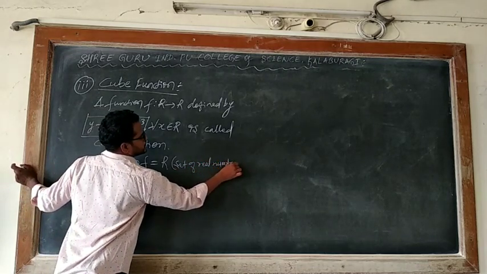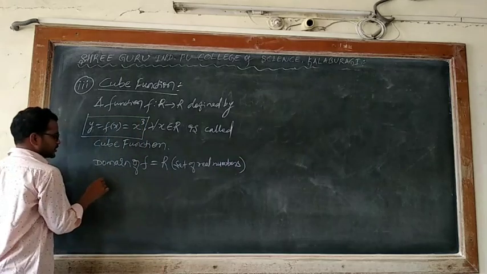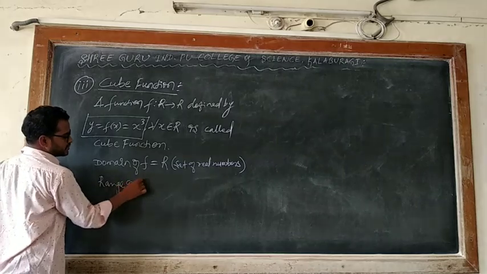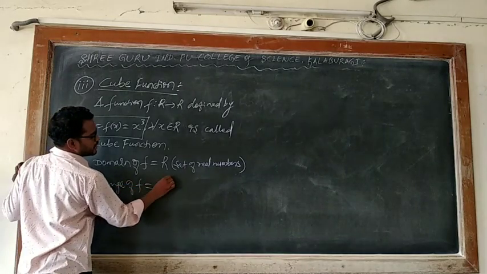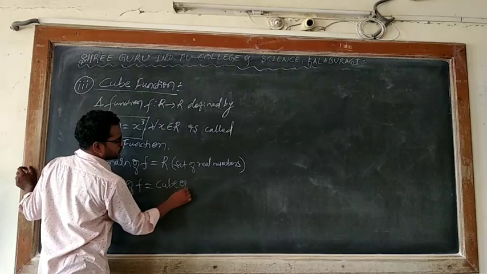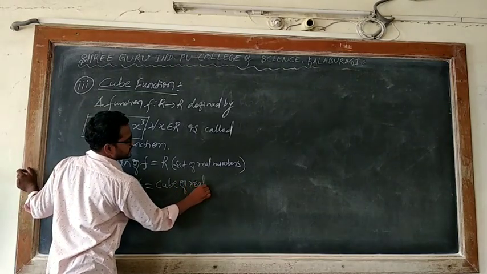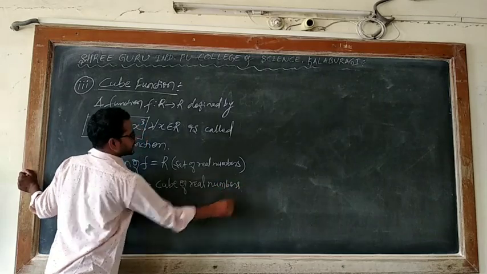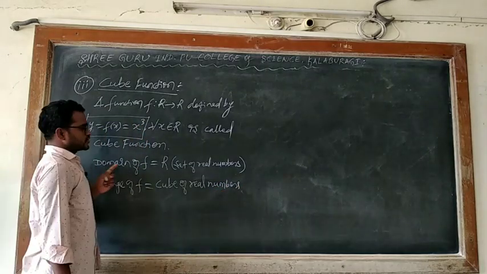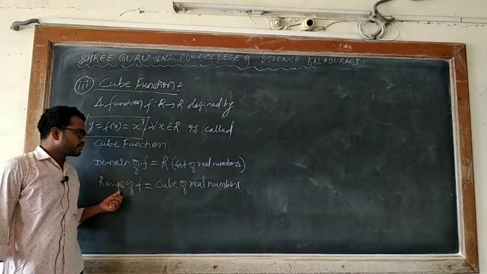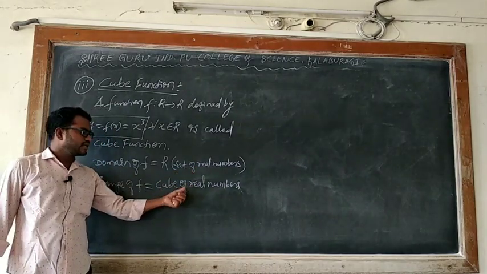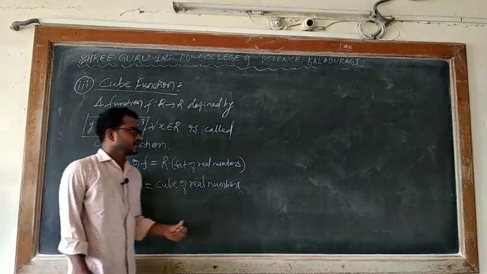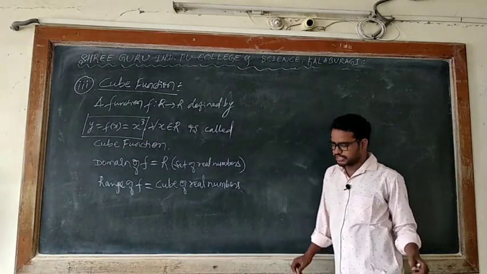What is the range? The range of f is the cube of real numbers, the cube of any real number, because whatever you take, you will get the cube of real numbers only. The domain is the set of real numbers, and the range is the cube of real numbers. You can take any real number and get its cube. Okay, this is the definition, domain and range.